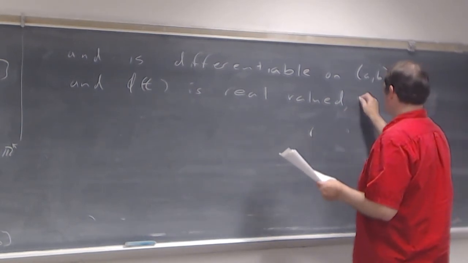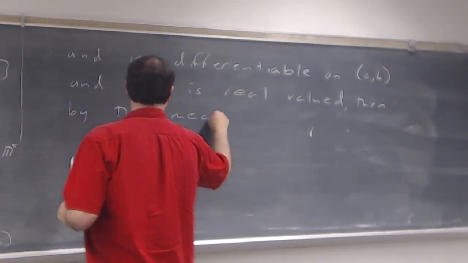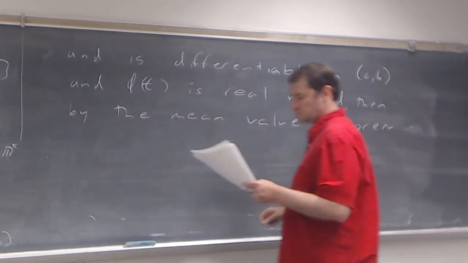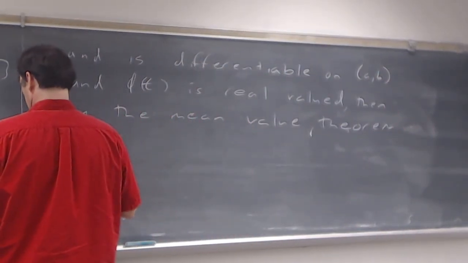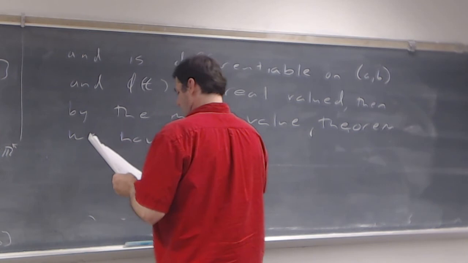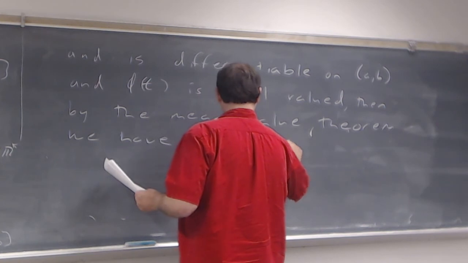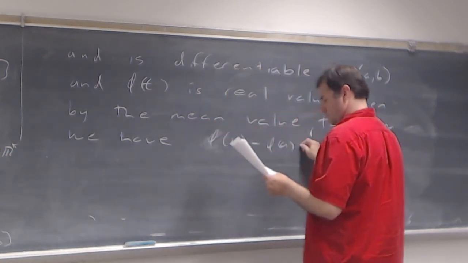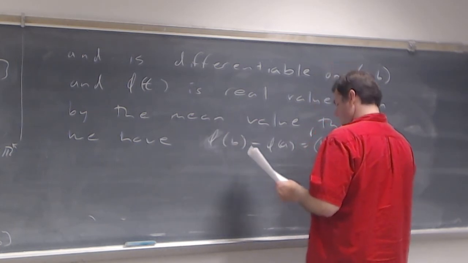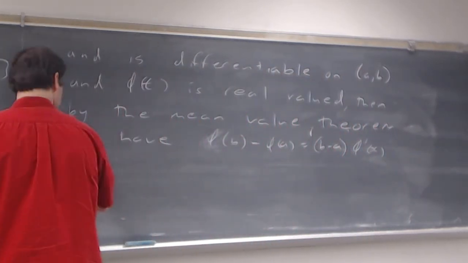Okay. Then by the mean value theorem, we have phi of b minus phi of a is equal to b minus a times phi prime acting on x for some x.